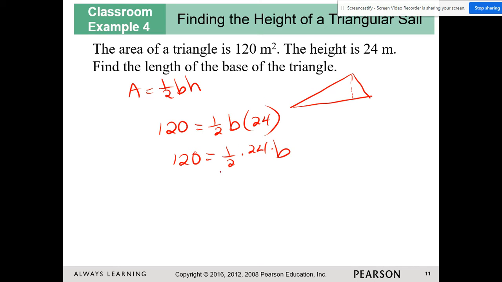Guys, we're asking 1/2 of 24. I don't know of a single person that doesn't know how to find 1/2 of 24. But just in case, remember you divide by the bottom and multiply the top. So you have 120 is equal to 12b. Divide by 12, and you get b is equal to 10 meters.